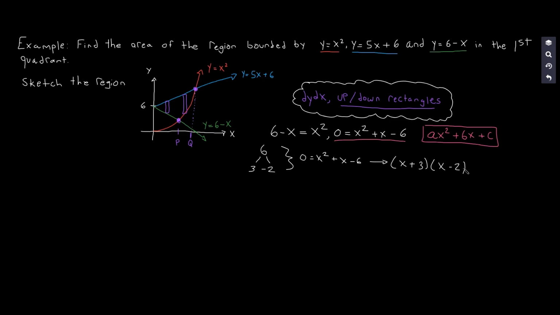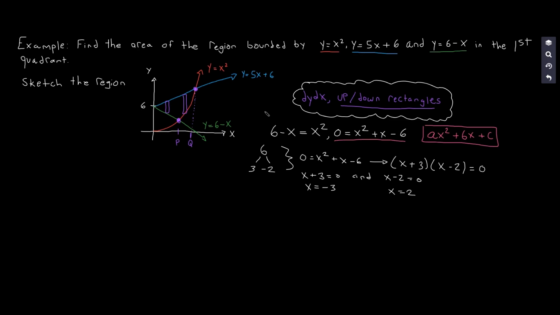Because if we set these both equal to 0, then we get two separate equations, right? x plus 3 equals 0, and x minus 2 equals 0. And that's the same thing as x equals -3 and x equals 2.